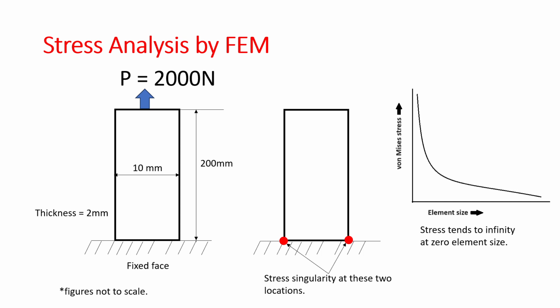As you can see from the regression analysis, if we take a regression curve and extrapolate the stress value at element size 0, it will be infinity. So this is called stress singularity in the literature, and this is a well-known stress singularity.